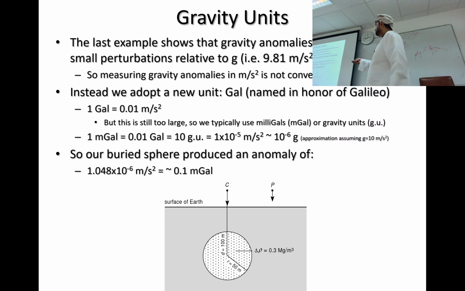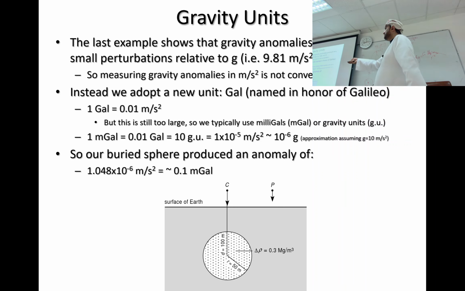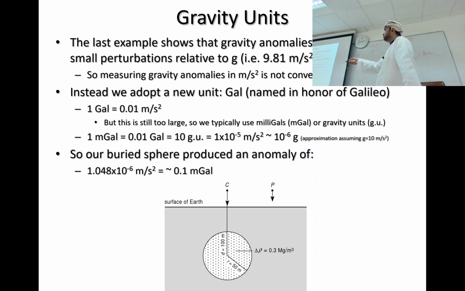Anyway, so they use another unit called gal. 1 gal equals how much? 0.01 meter per second squared. Still, this is a bit large. Instead, they use milligal. Milligal is smaller than gal. 1 gal equals 1000 milligal. Milligal is smaller. And there is another very common unit, they call it gravity unit.